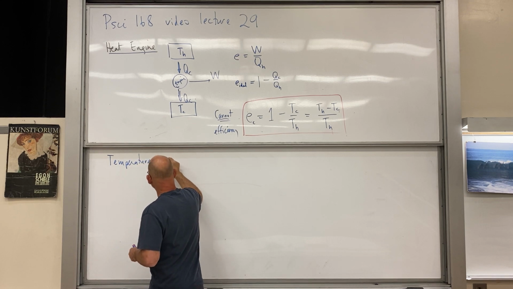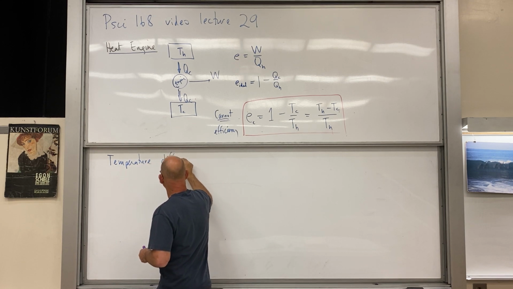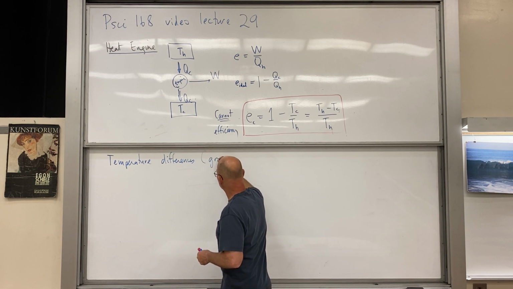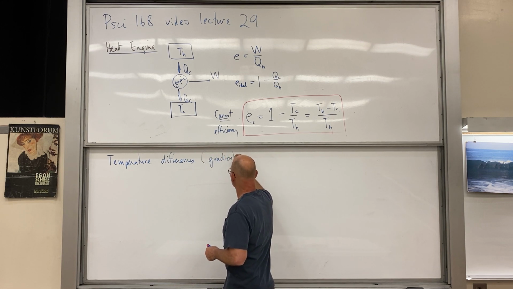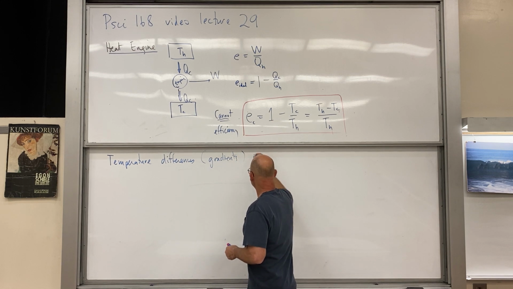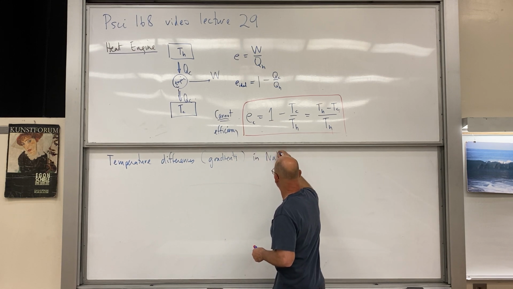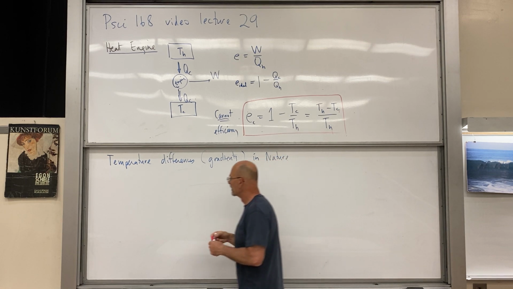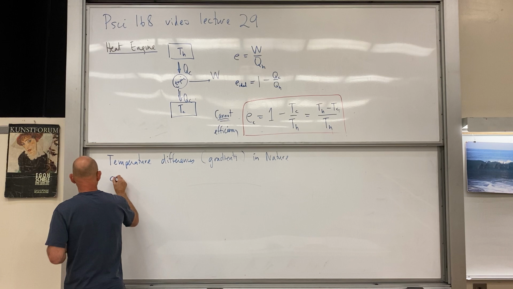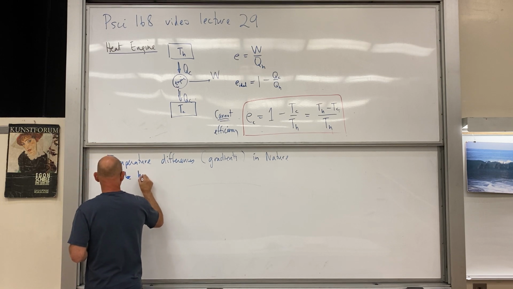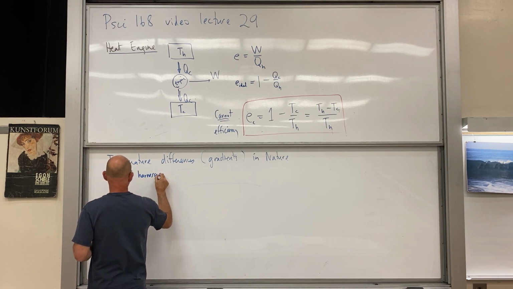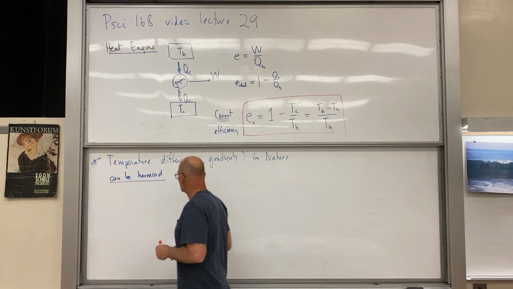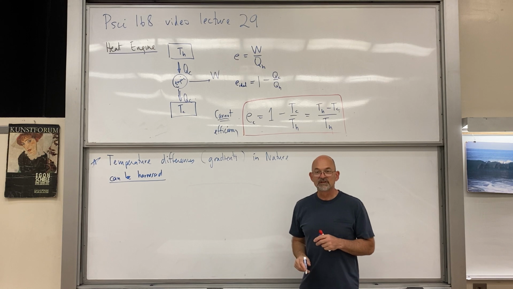Temperature differences, we also refer to those as gradients. Temperature gradients in nature can be harnessed. Okay, big star here. So the example I'm going to give is something called the solar chimney.